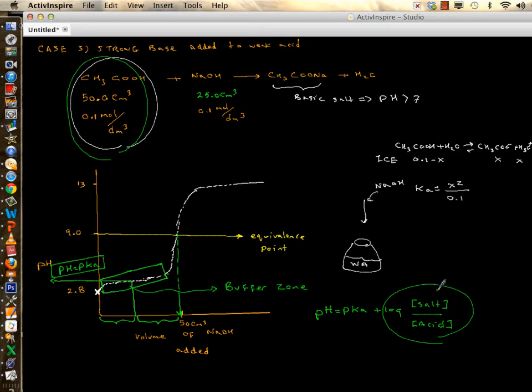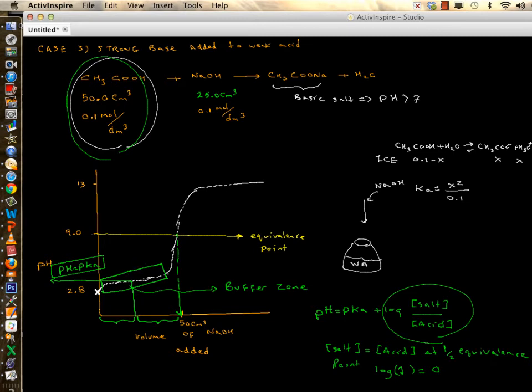And this quantity, the concentration of salt, is really equal to the concentration of acid. You can do the calculations at the half equivalence point. And then you remember that if the two are equal, that's log of 1, and log of 1 is simply 0. So pH is equal to pKa. Extremely important, just realize it and remember it for the sake of exams.